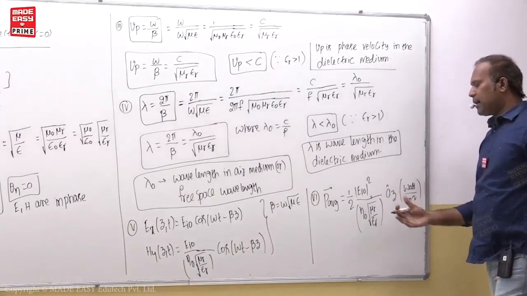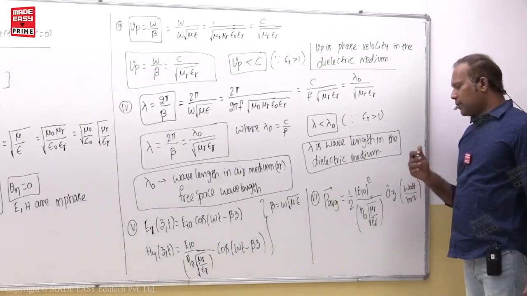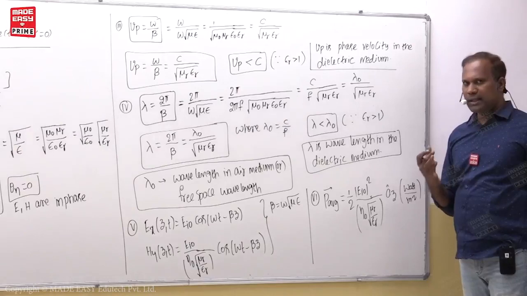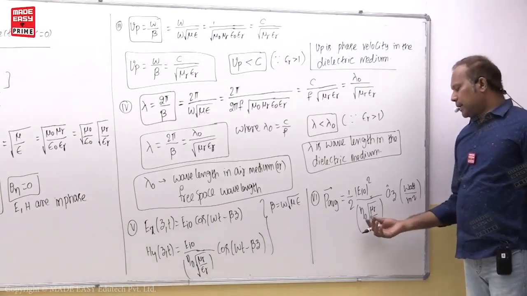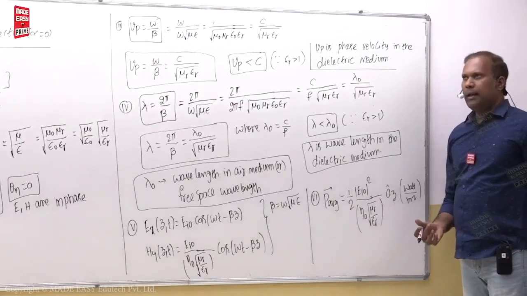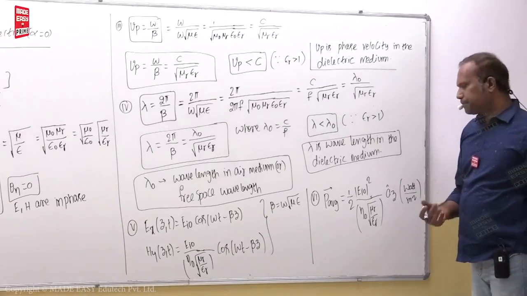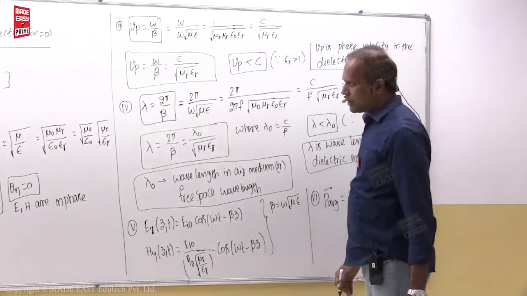No need to remember this also, you know the general equation: half into E_i0 square divided by modulus of eta into e^(-2 alpha z) cos theta eta a z cap. For this medium mod eta is eta naught root mu r by epsilon r and alpha is 0, so theta eta is 0. That is why I am not putting them in the box, students.